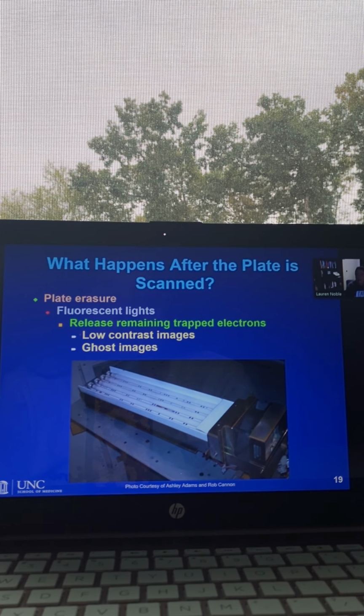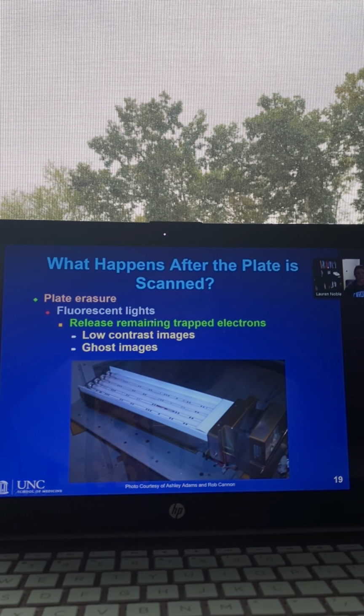So then what happens after that plate is scanned? Well, that laser doesn't release all of the image data. Believe it or not, there are still some residual electrons trapped in those energy traps, in that europium. We have to completely get rid of that remaining energy. So the plate goes through something referred to as plate erasure.